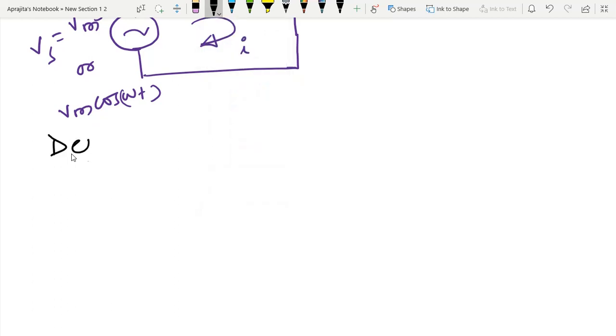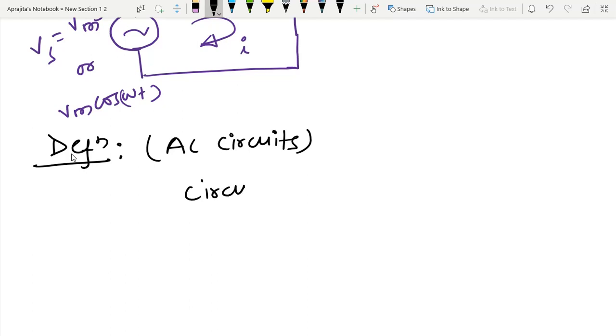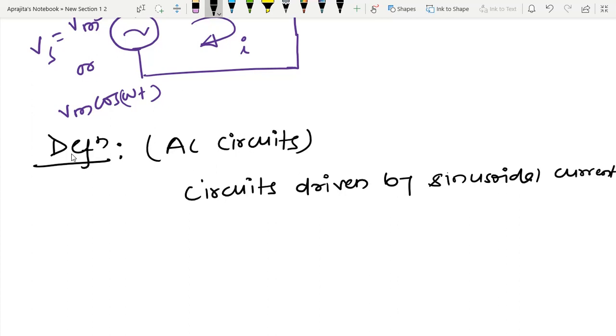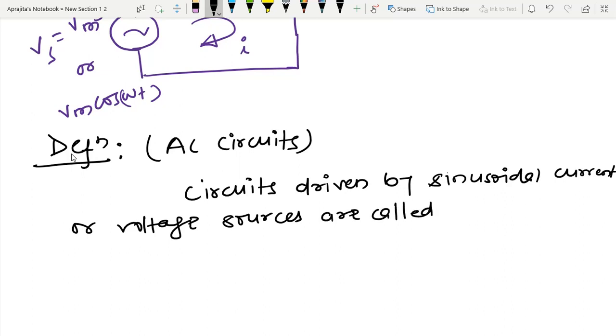So basically, the definition of AC circuits: circuits driven by sinusoidal current or voltage sources are called AC circuits.